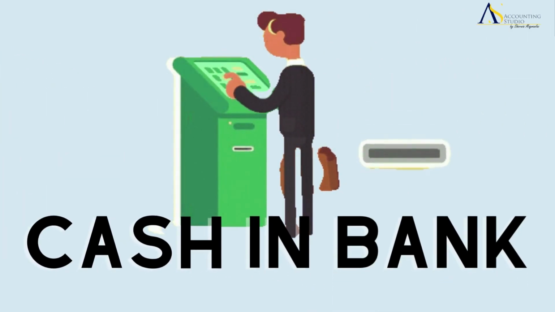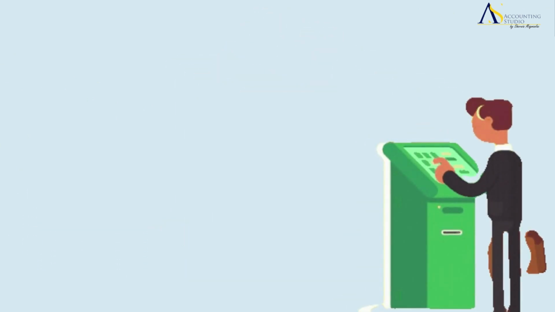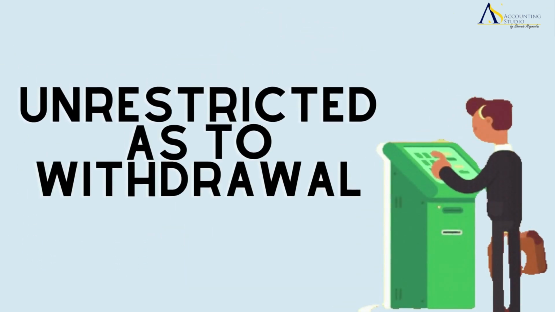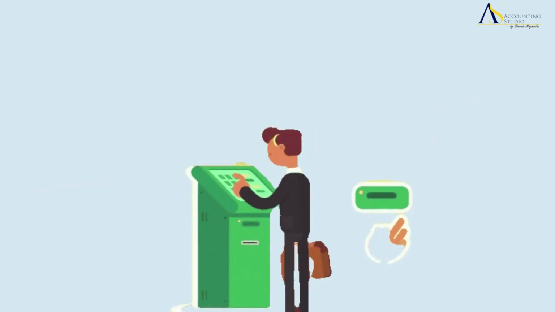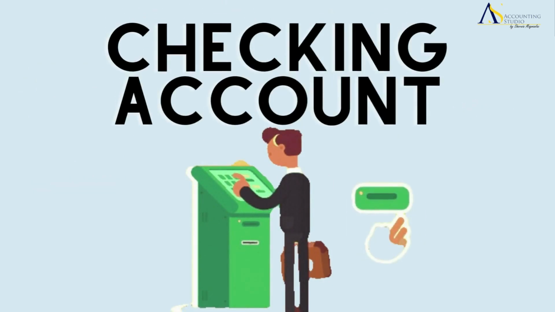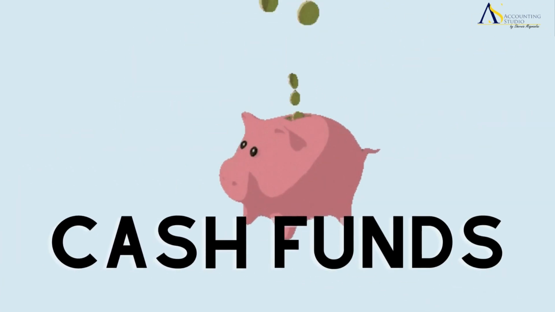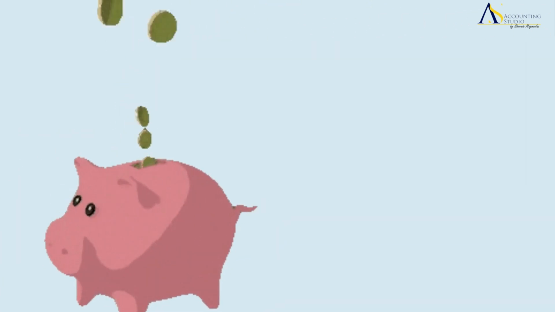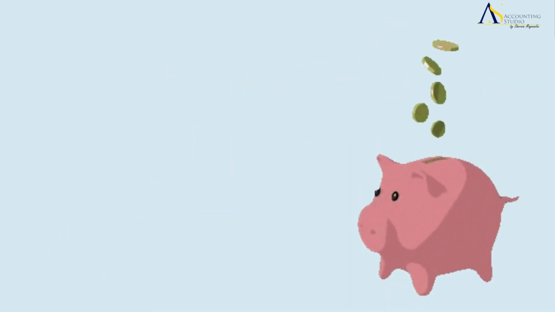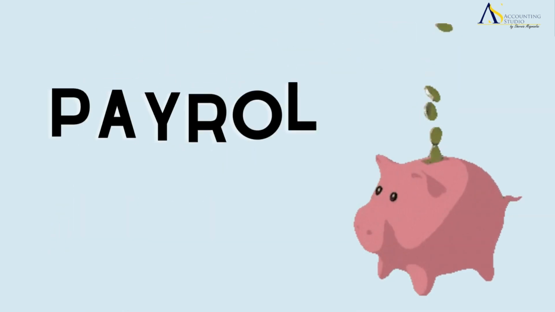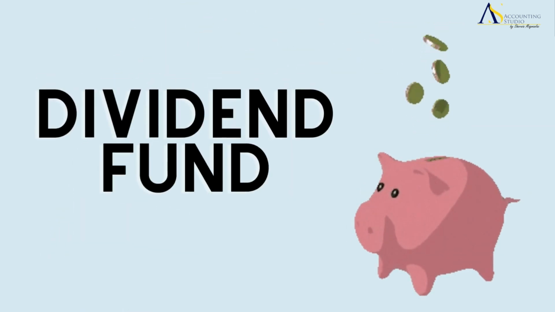Second is cash in bank. Cash in bank includes deposits which are unrestricted as to withdrawal, such as demand deposit, checking account, and savings account. And lastly are the cash funds, which refer to funds set aside for current purposes, such as petty cash fund, payroll fund, and dividend fund.